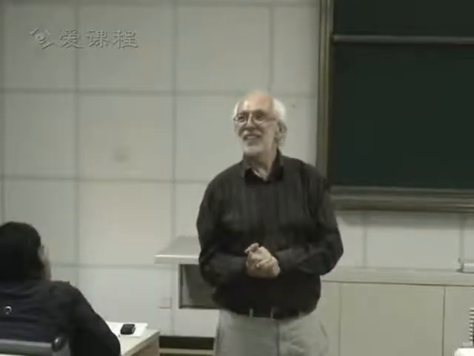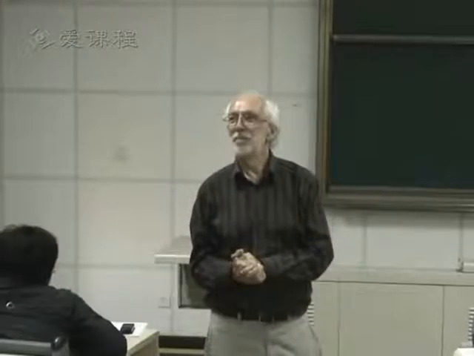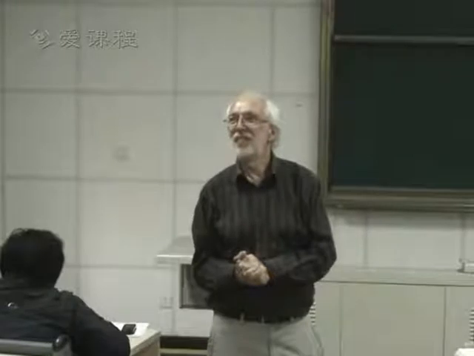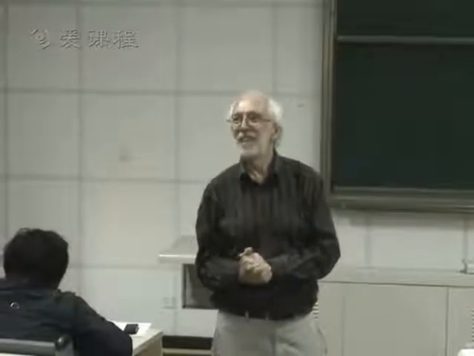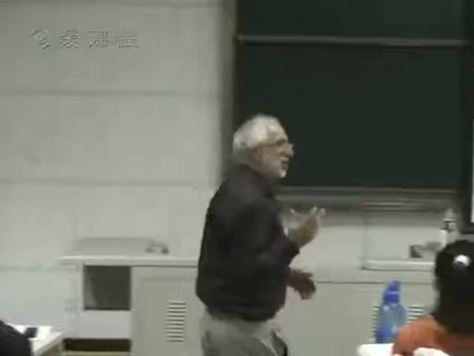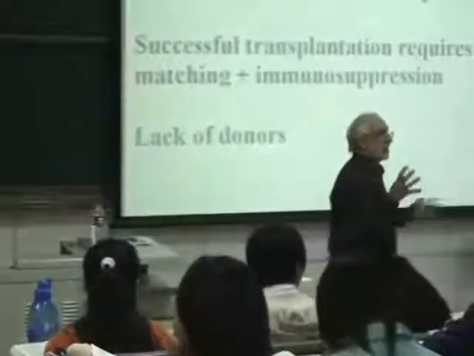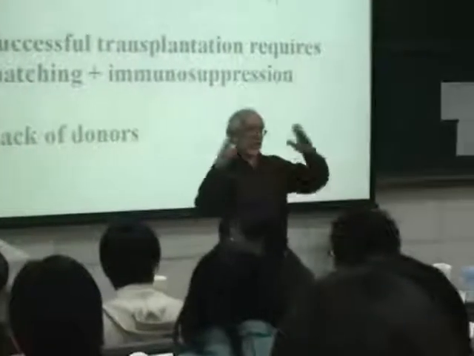And if our immune system is suppressed, does it mean that we are more vulnerable to infections from the outside and maybe cancer? Okay, so the question is, when you give immunosuppressive drugs, do they just act at the site of the transplanted organ or tissue, or are they acting throughout the body?